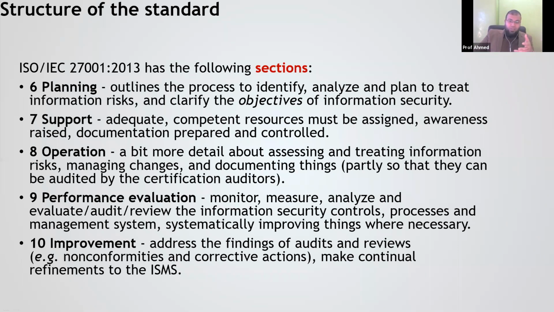All of this comes from the internal audit, by the way, to evaluate the efficiency of the ISMS. Then let's go to act. Plan, do, check, act. Act here is the improvement. In improvement, I will see the non-conformities and the corrective actions, and I will follow up these corrective actions, and so on. Also, I have here the annex.